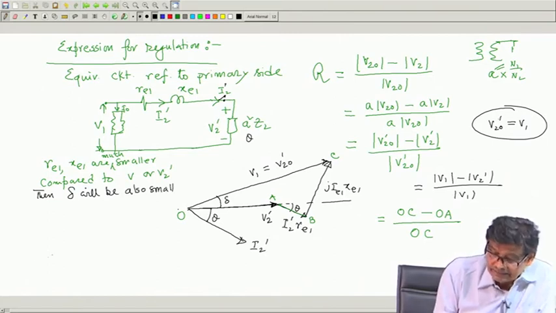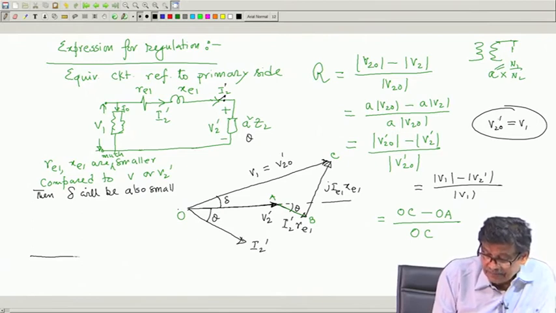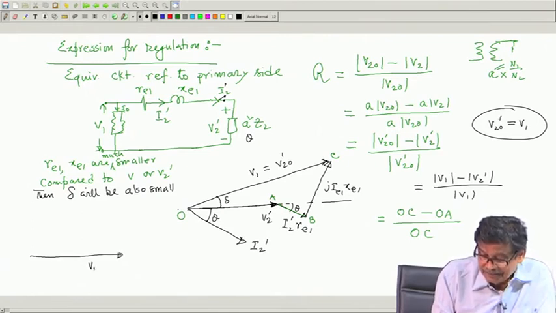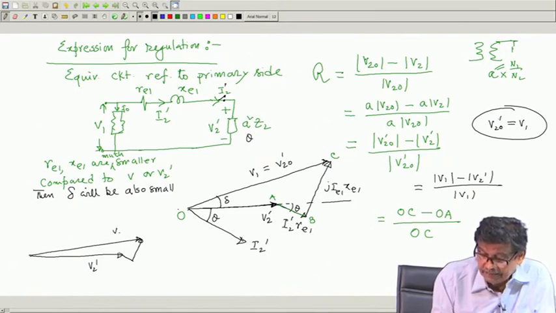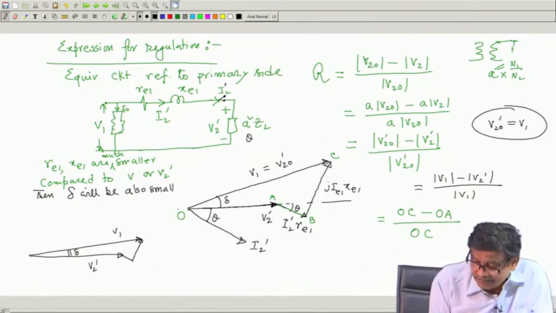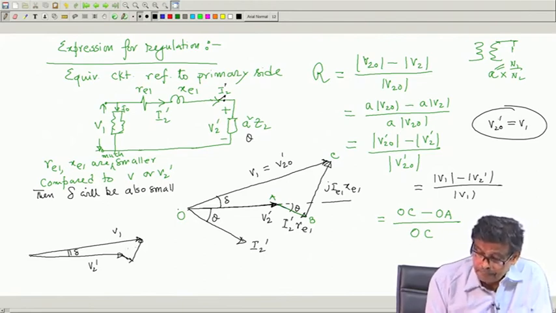That is, as I was telling, it is V2 dashed. I wipe that out, but it is like this. If this be the case, then this delta will be pretty small, because we have added only small thing here and there. Okay.